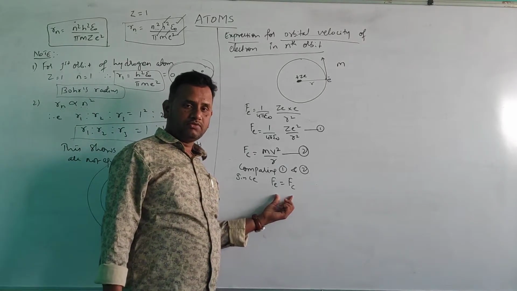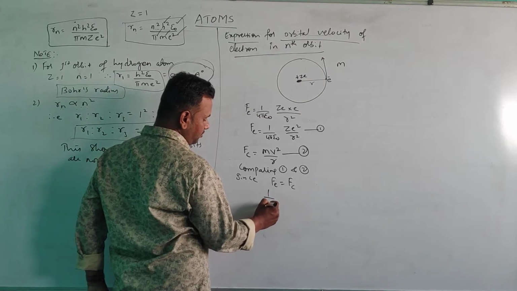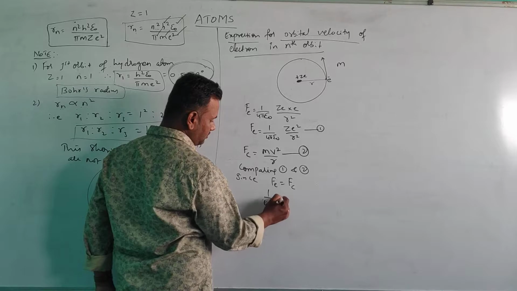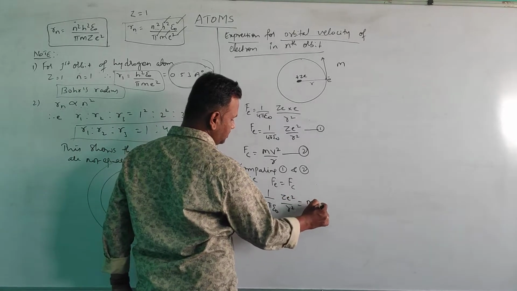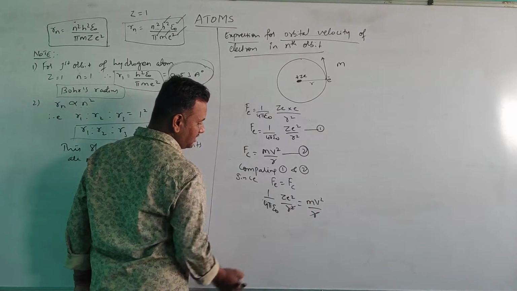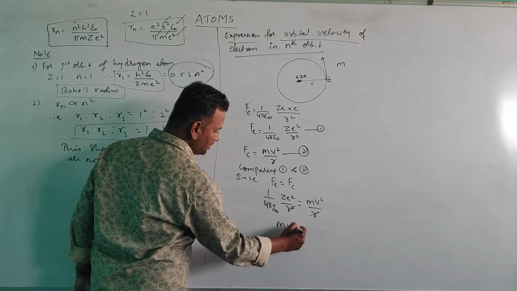Hence we write 1 by 4 pi epsilon naught Ze square divided by r square equal to mv square divided by r.